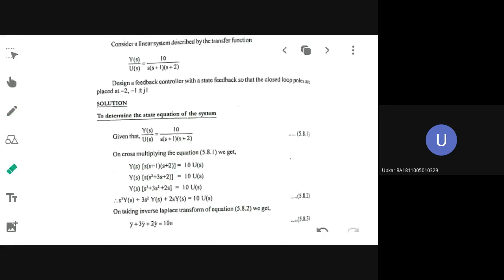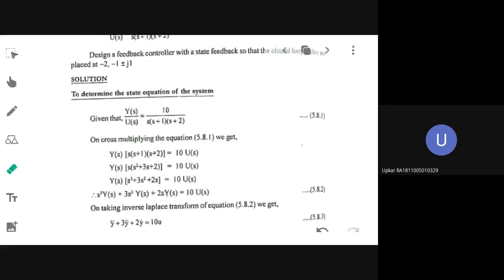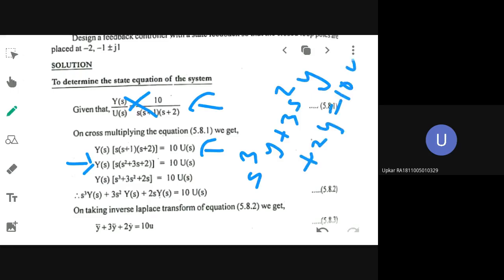Okay, now you cross multiply. Bring this to this side and this to this side, like this. Then you multiply all the terms in. So you will be getting s cubed y plus 3s squared y plus 2y, that is equivalent to 10u. And you know how to write s cubed, that is 3 times differentiation.